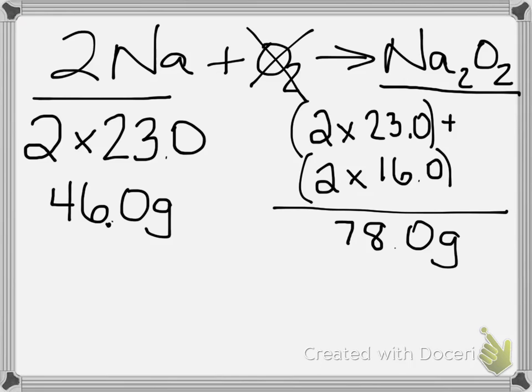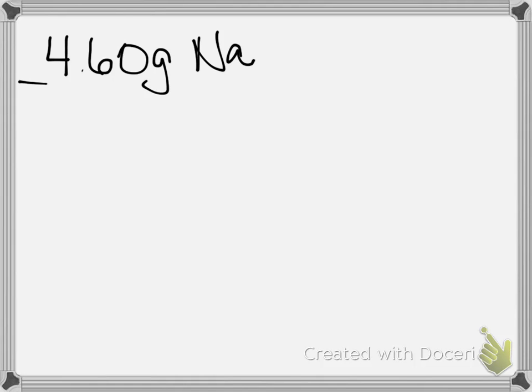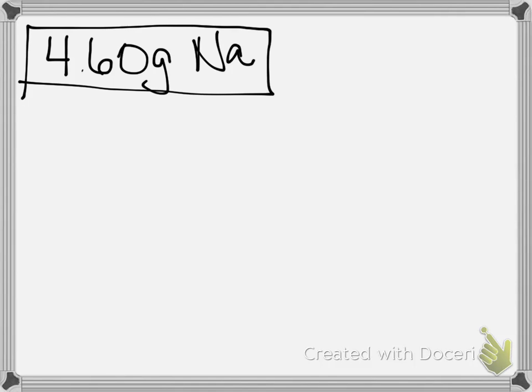So now I have to go to calculating based on the information that I'm given. So now I'm on to step 3. So first off, in step 3, I use 4.60 grams of sodium in the reaction. Okay, we're going to put that up here and we'll save it for later.